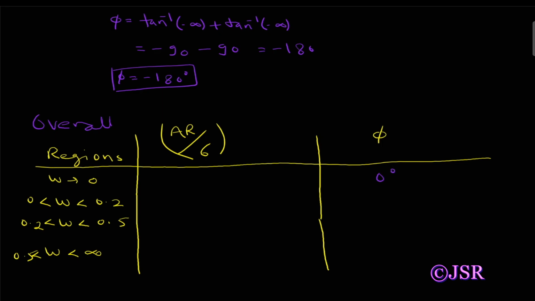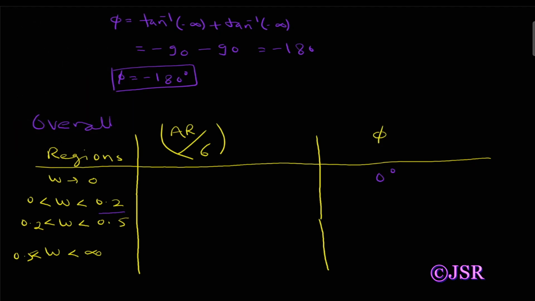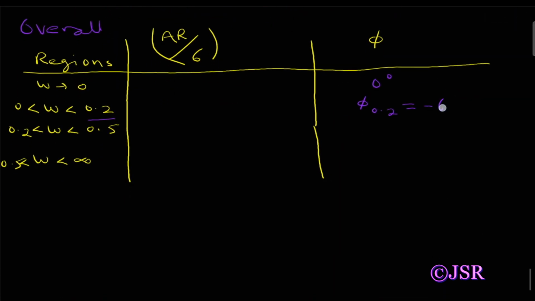When omega lies between 0 to 0.2, at this corner frequency, phi at 0.2 is equal to minus 66.8 degree, and phi at this point, that is at another corner frequency, is equal to minus 113.19 degree.